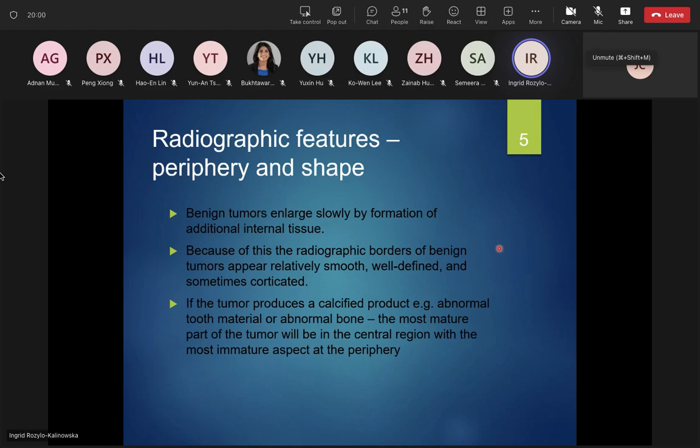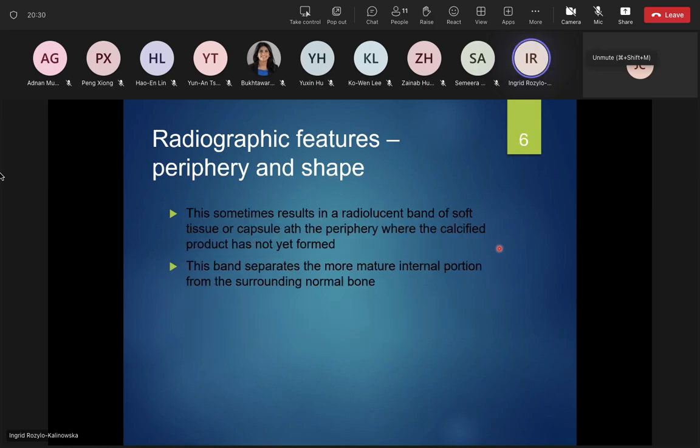Some tumors may produce material which is mineralized, so it can be calcifications or pathologic ossifications. Usually if you find any calcified material in a tumor, you will be able to identify it first in the middle of the tumor, because this is the most mature part of a tumor, and the periphery is immature.